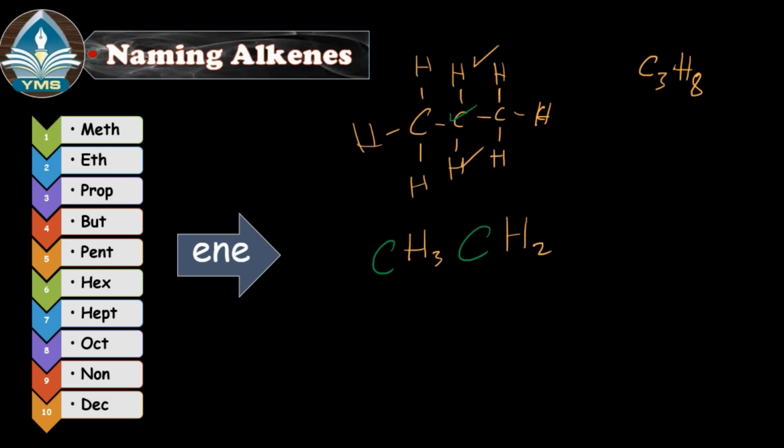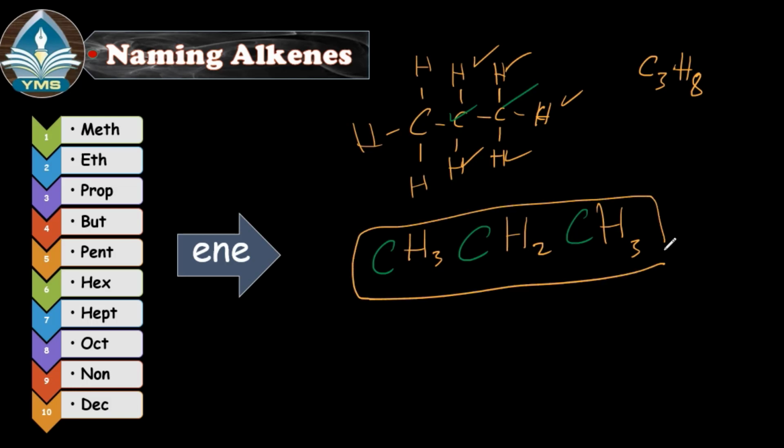So CH2. Then the last carbon, this one, is going to be C, and the hydrogen around it has 1, 2, 3, CH3. So this is the condensed structural formula. It's the same as this, but this is molecular and this is the condensed structure formula.